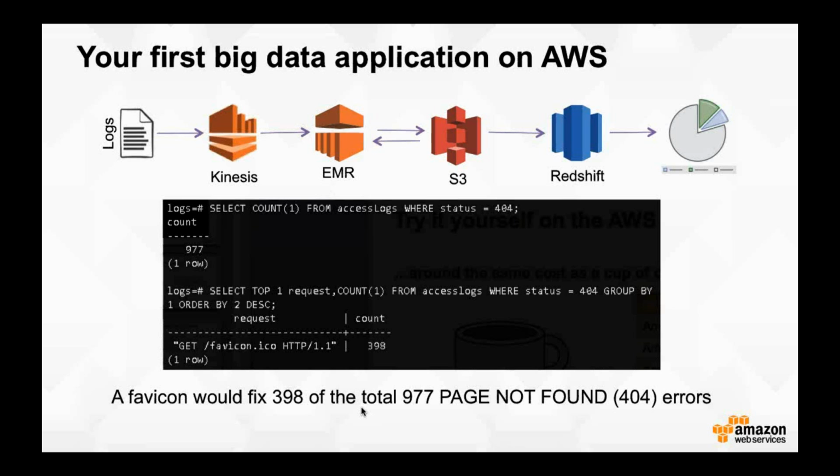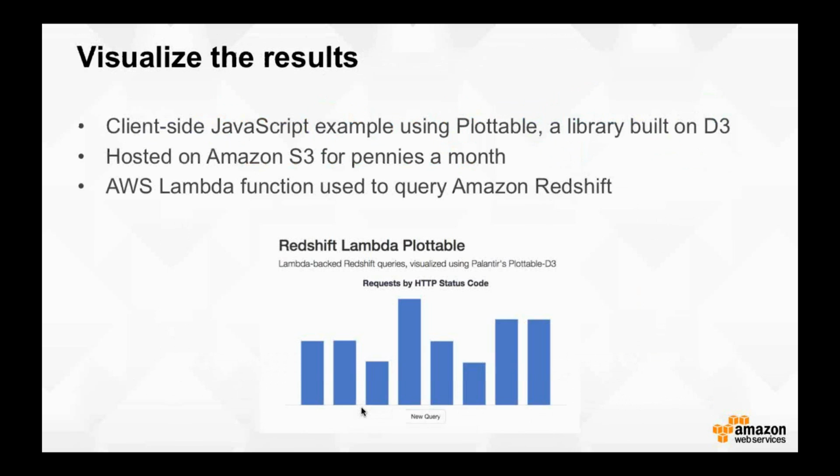And we visualized these results as well. Apart from using JavaScript, we also have the QuickSight service, which is currently in preview, and you can request a preview if you go to the website. Or you can use any visualization tool that supports JDBC or ODBC to query Redshift.